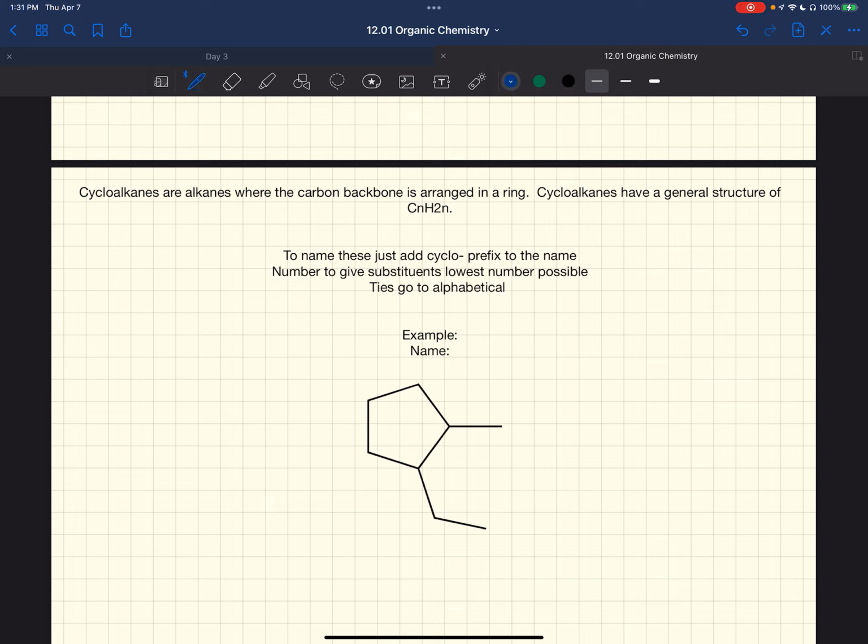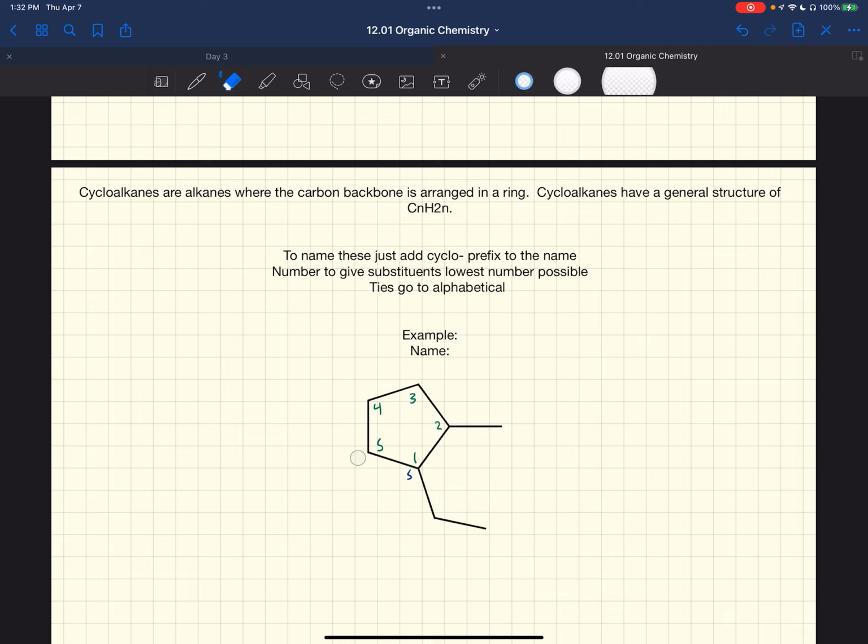And we number to give substituents the lowest number possible, and a tie goes to alphabetical. So if you're going to have your substituents, your side groups, have the lowest number possible, you're going to start numbering on one of the substituents. So I could either do the blue, 1, 2, 3, 4, 5, or I could do the green, 1, 2, 3, 4, 5.